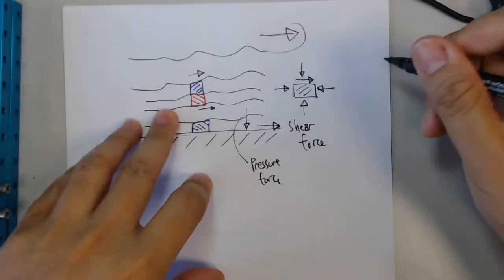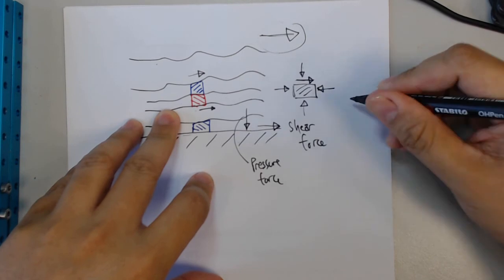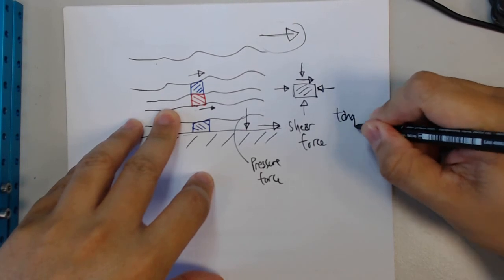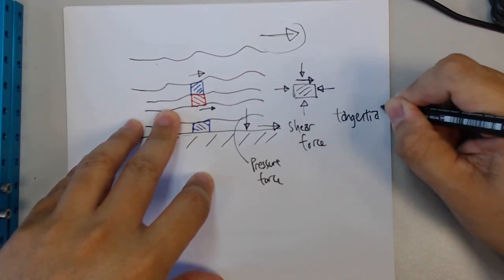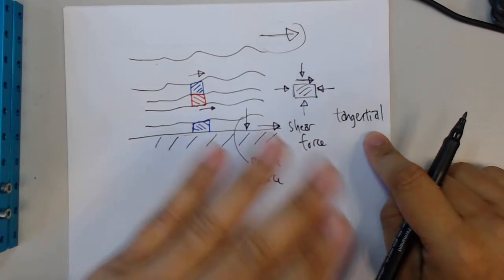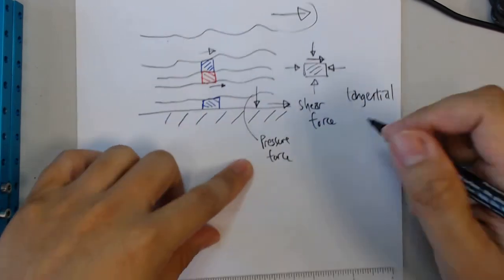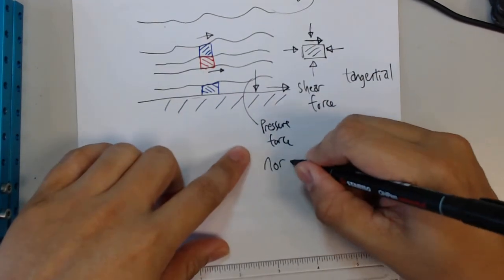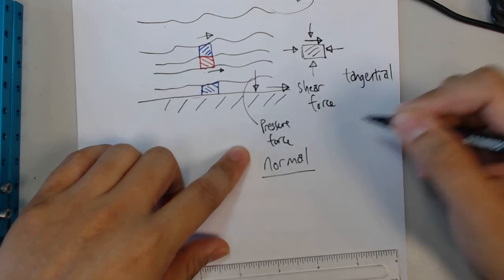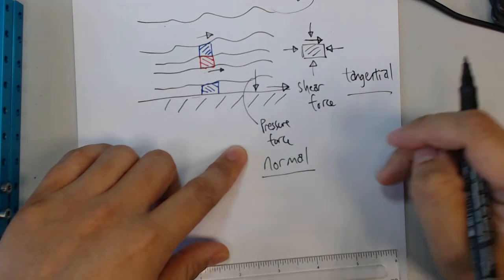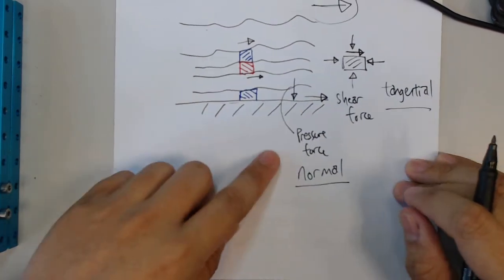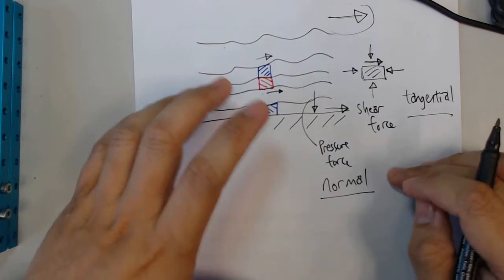Another name for parallel is also tangential. So the shear forces are acting in the tangential direction, while the pressure force is acting in the normal direction. Another word for perpendicular is normal. So this is what we are going to focus on, pressure.